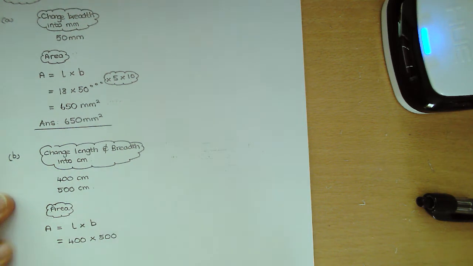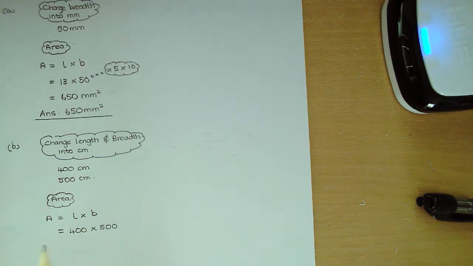Now again, the easy way to multiply is to split 400 up. Treat 400 as 4 multiplied by 100. And also split 500 up and treat that as 5 multiplied by 100. So what we're going to do is multiply the non-zero digits together.